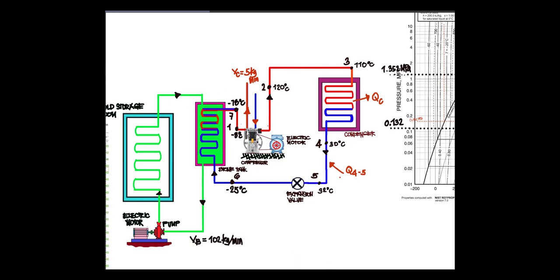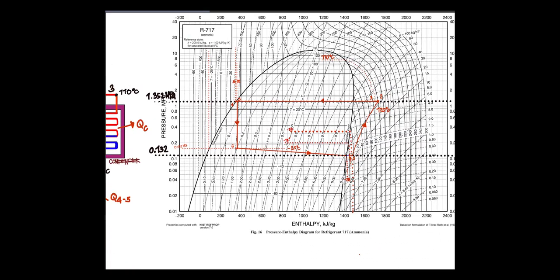Next, we need to find the properties point by point. So let's start with the properties of enthalpy, starting with point 4. That will be 30 degrees. If you look at the pH diagram, 30 degrees is somewhere here, subcooling. It is almost outside the saturation liquid, so it is purely liquid.